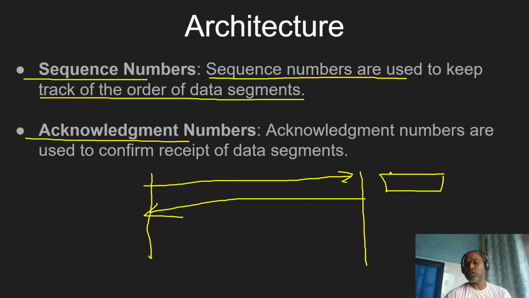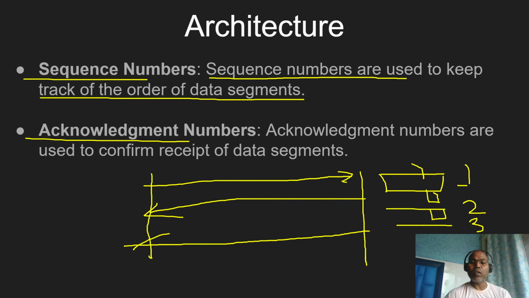It means they received it in the correct order: first segment 1 received, then segment 2, then segment 3, and they also check the checksum. If any checksum fails, they say, hey, this is a problem.